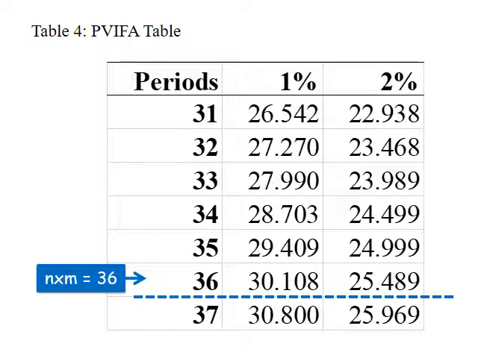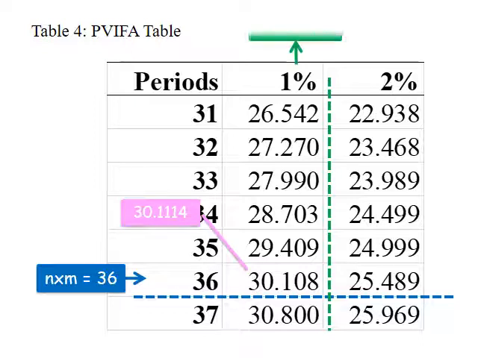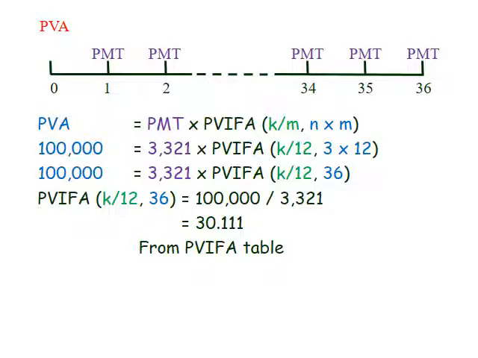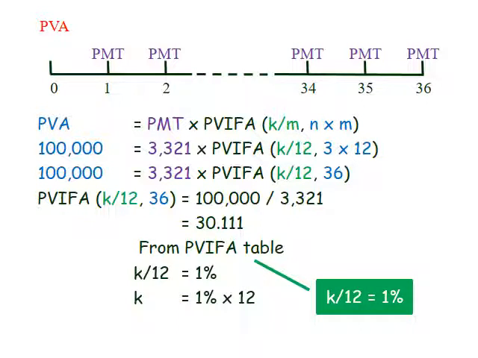We know M and N. The interest factor is not exactly the same, but this is the closest we can find. So we take the answer for K over 12. From the table, we know that K over 12 is 1%. From here, we find K is 12%.